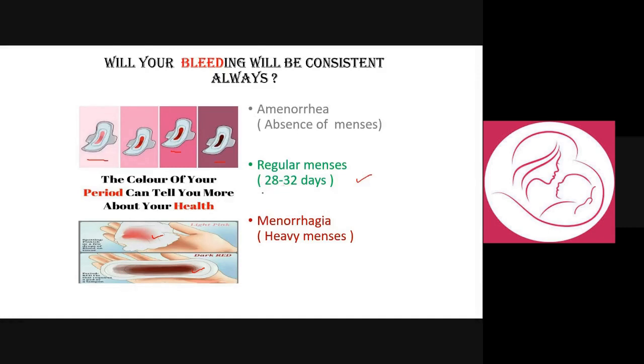This is an ideal case, but still within 26 to 34 or 35 is treated as a normal range in today's scenarios with the changing world. On the other hand, if you are bleeding heavily, then it is going to be a case of menorrhagia. So we will briefly discuss what these things are and then move to the next topic.